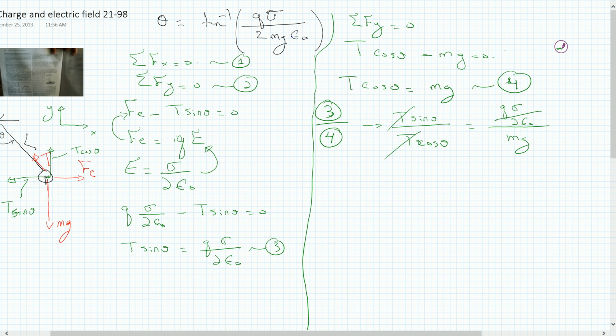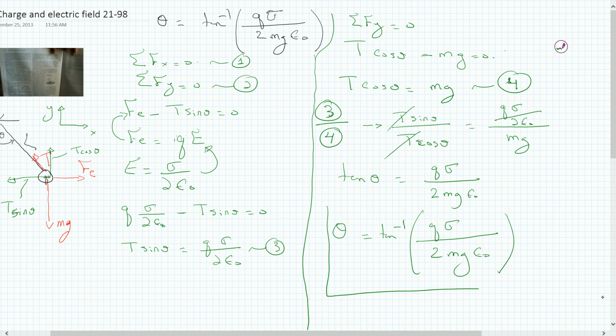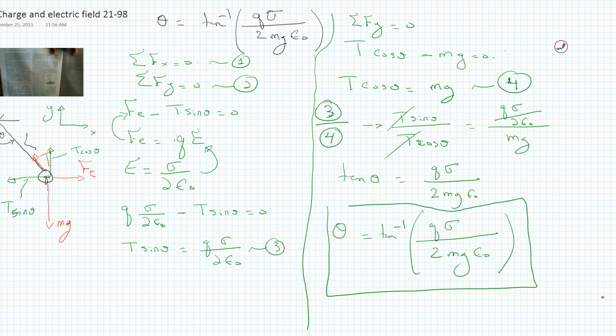The T's go away. Sine over cosine is tan theta equals q sigma over 2 mg epsilon naught, and if we take inverse tan, we get theta to be inverse tan of q sigma over 2 mg epsilon naught, which is the desired result and what's required to prove in this question.